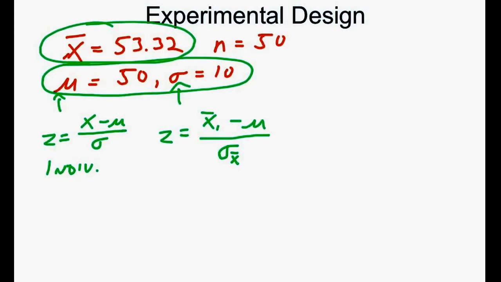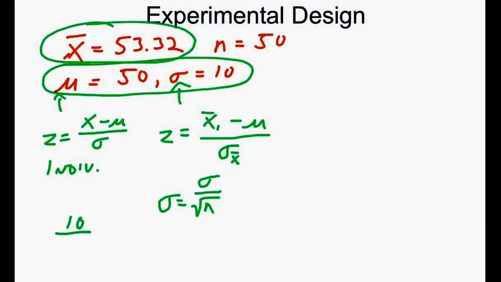And remember that standard error of the mean is the standard deviation divided by the square root of n. So for this example, we have a standard deviation of 10, and we have a sample of 50. 10 divided by the square root of 50 is 1.414.